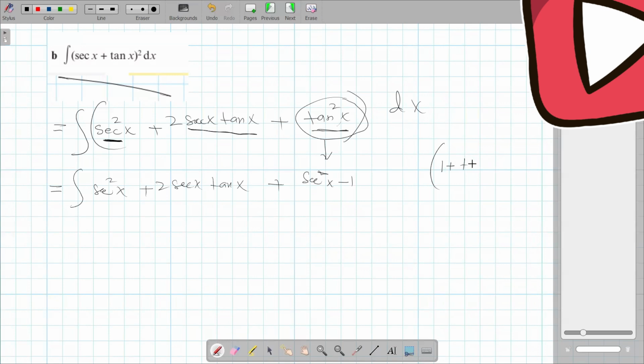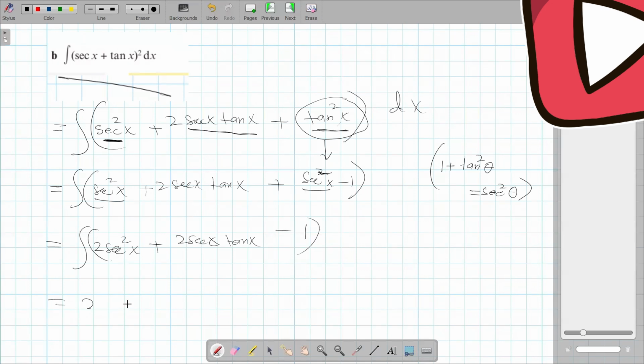Because the identity is 1 plus tan square theta equals sec square theta. So we can replace tan square x by sec square x minus 1. So this will become 2 sec square x plus 2 sec x tan x minus 1.